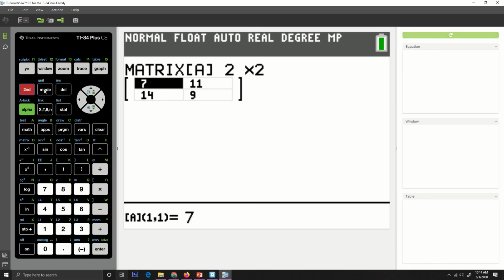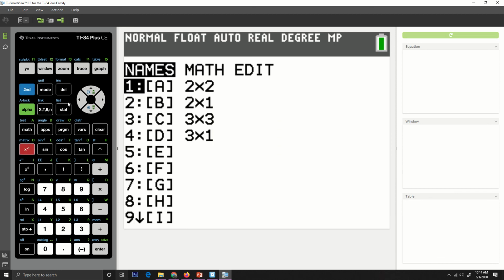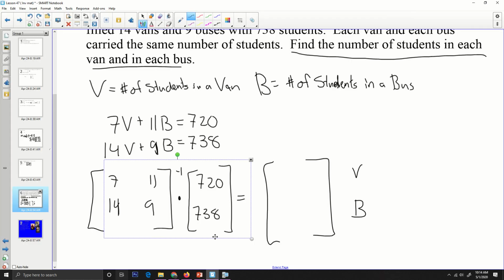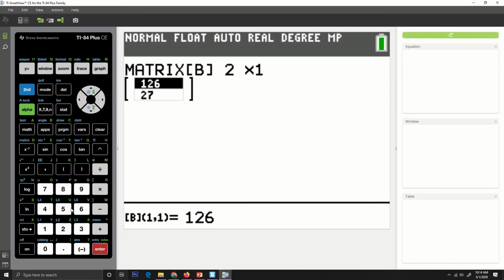We'll quit out of that, go back into matrix, go back over to edit. We'll edit that second matrix. We need it to be a 2x1 and 720 and 738. Hit enter there.